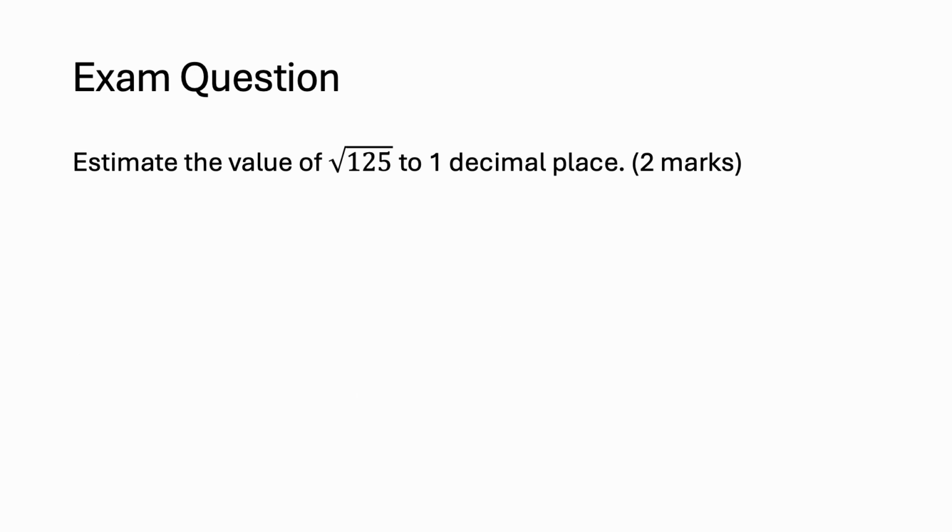Okay, similar question again. So estimate the value of square root of 125 to 1 decimal place. So again, square root of 125 is between square root of 121 and square root of 144.